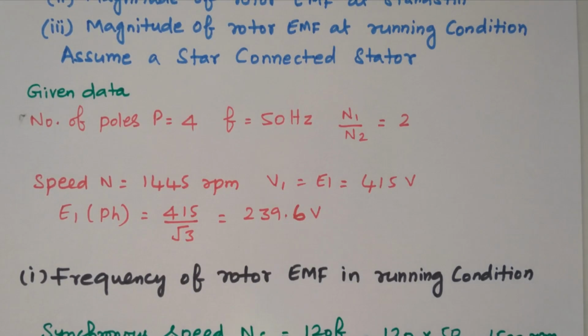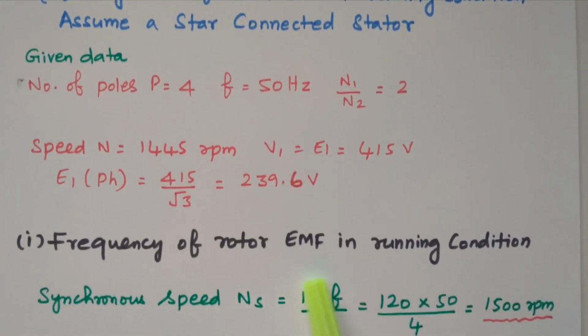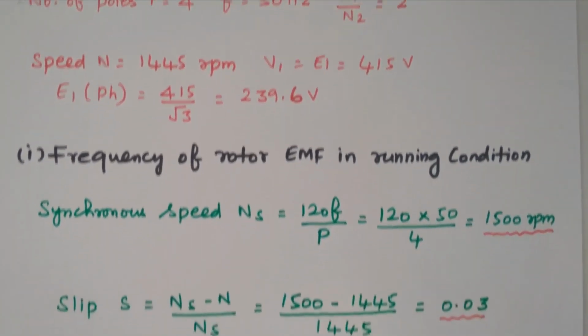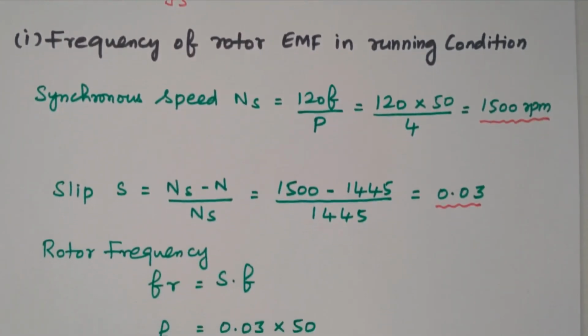First we need to find the frequency of the rotor EMF in running condition. There are two conditions available, running condition and starting condition, standstill. First we need to find the rotor EMF in the running condition. First we will find the synchronous speed of the induction motor. Synchronous speed, Ns equal to 120 F by P, a very standard formula.